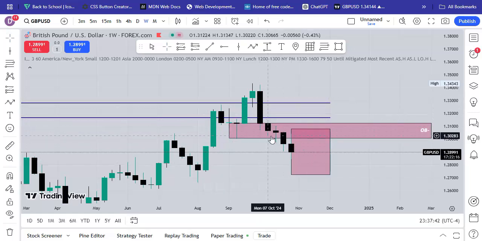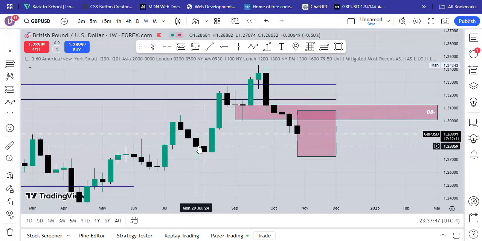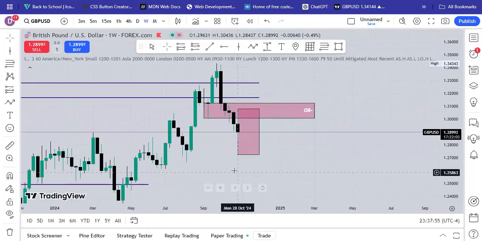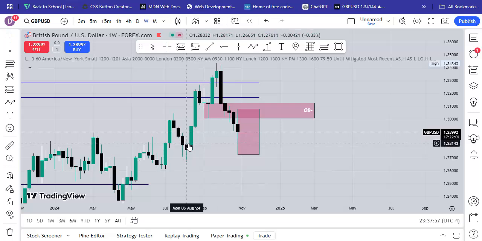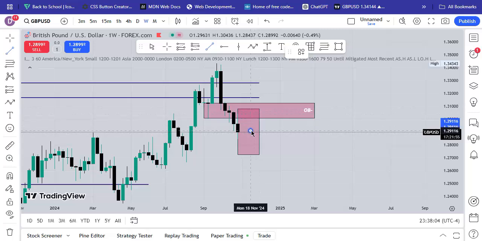This is price dropping down, dropping down, dropping down. Although we are in this fair value gap position right here, this fair value gap could be a driving factor to want to go. Let me remove this quickly.